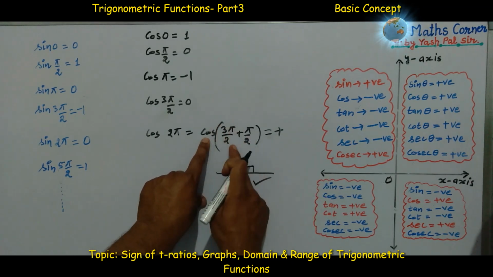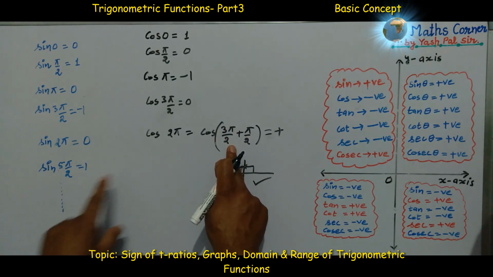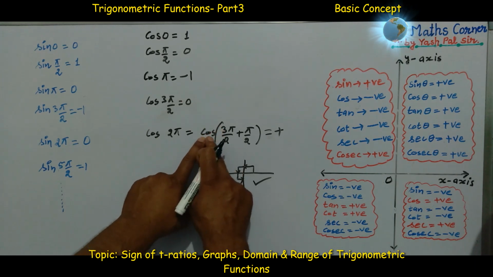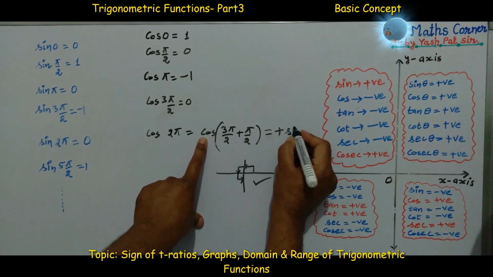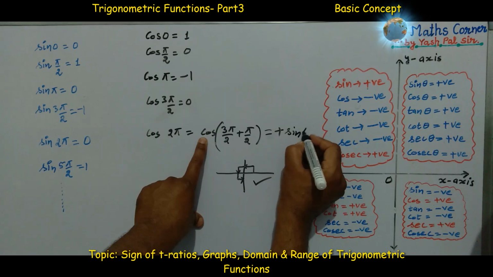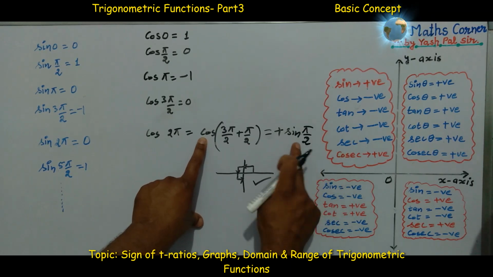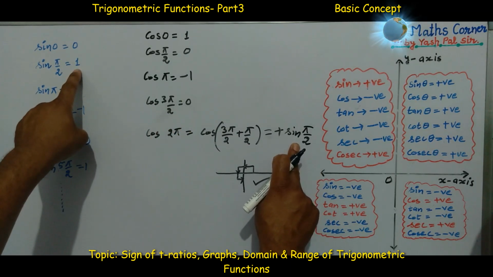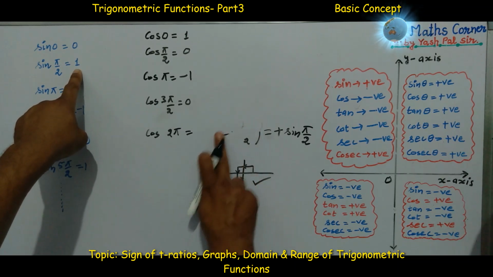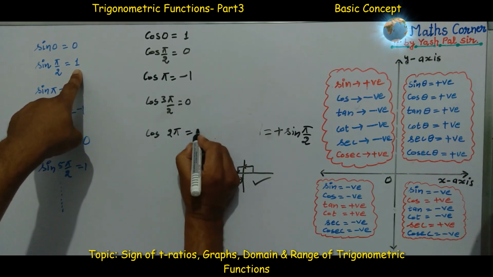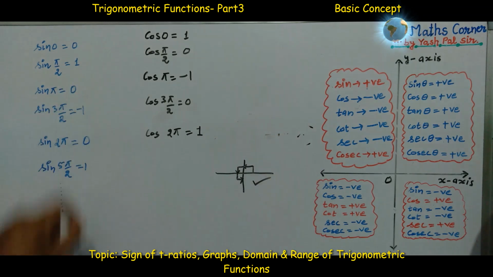Cos of 3 pi by 2: 3 is an odd number, so cos will become sine theta, that is sine pi by 2, and the value of sine pi by 2 is 1, so ultimately cos 2 pi is 1.